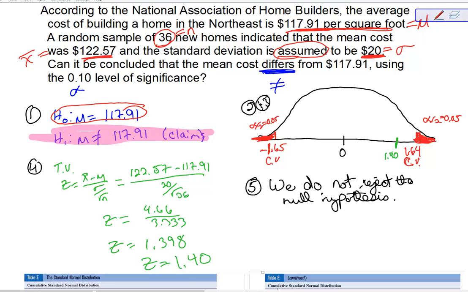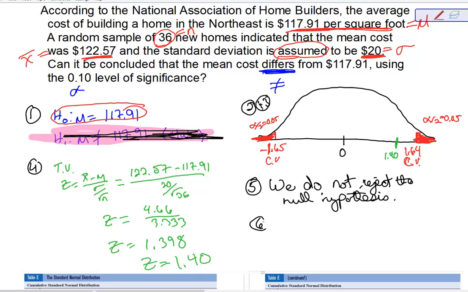So for our conclusion, is our claim still available? Well, since we did not reject the null, we rejected the alternative, so we rejected the claim. So it cannot be concluded.